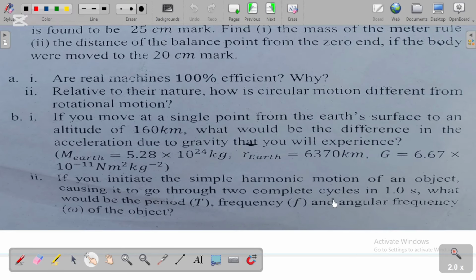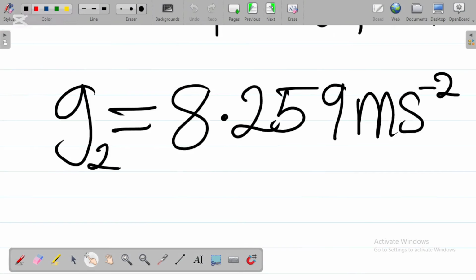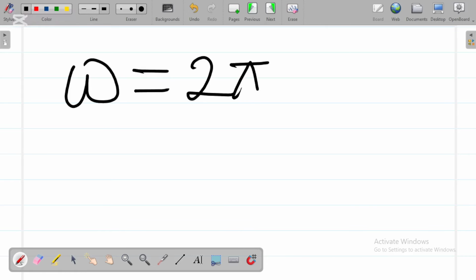Alright, in the question we are asked to find the angular frequency of the object. That's the final question. Angular frequency is equal to 2 pi multiplied by F. So we can now substitute into this equation.